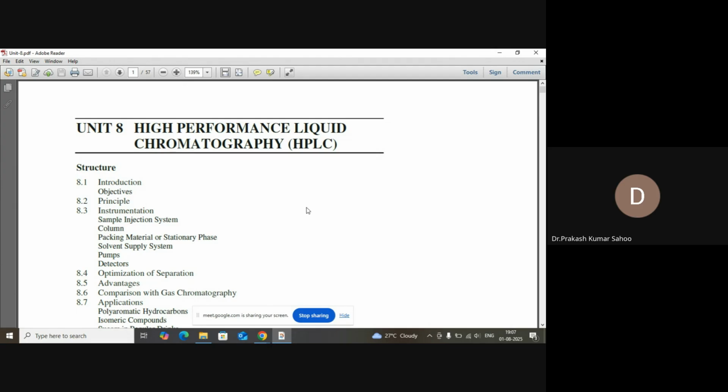For liquid liquid chromatography, where the stationary phase is another liquid, the mechanism involved is partition. Under LSC we calculate the retention factor, and under LLC we calculate the partition coefficient or distribution coefficient.